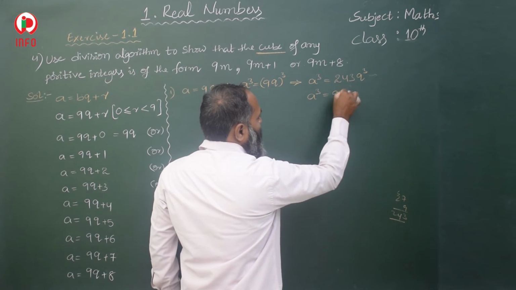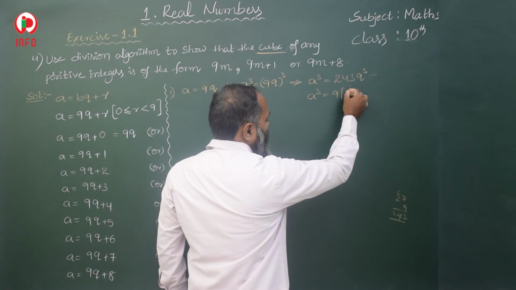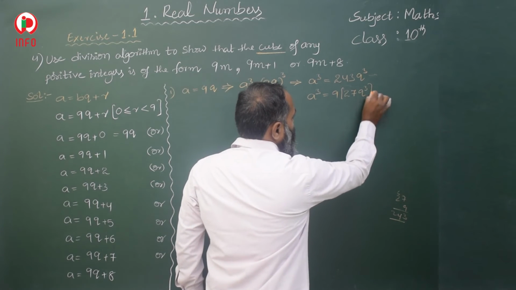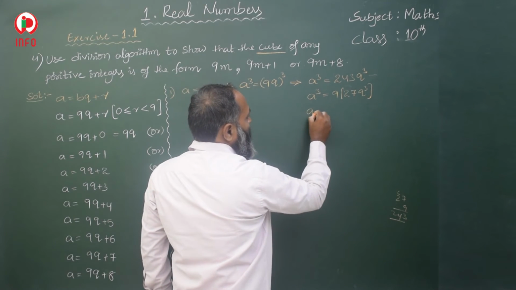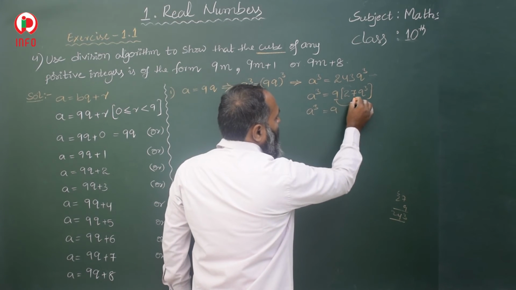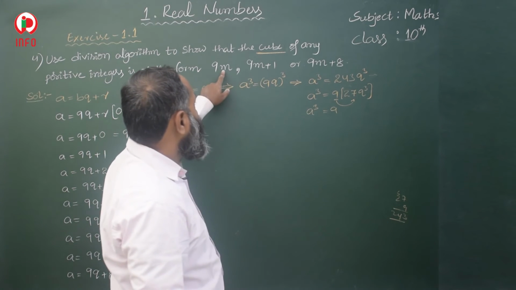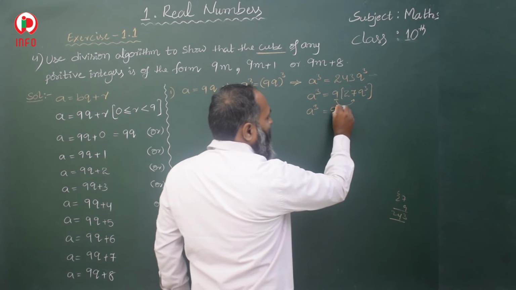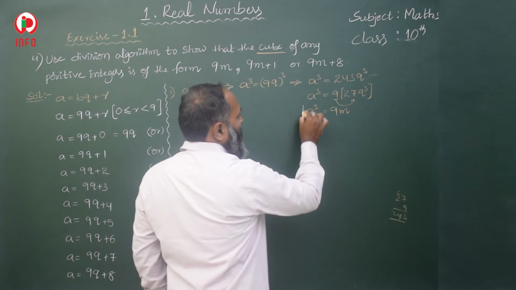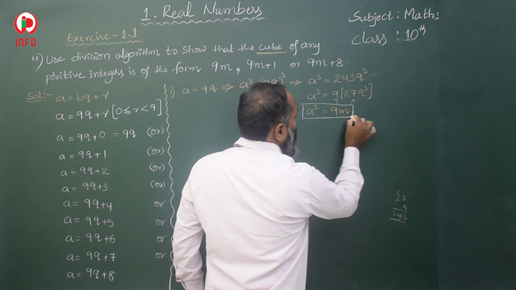If you take 9 as a common factor, then 9 times 81 q cube. So then a cube is equal to 9 into something, which is a complete multiple of 9. That multiple you consider as m. So it is in the form of 9m. The cube is in the form of 9m. The first one is over.